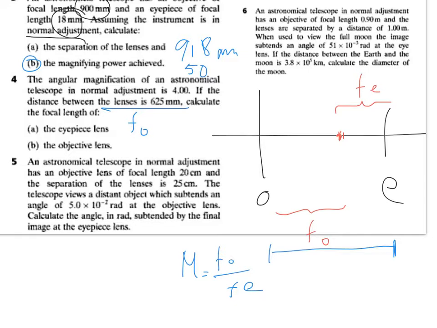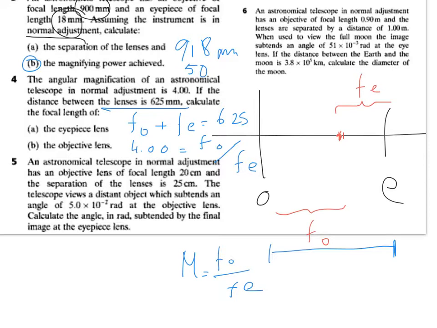So focal length of the objective plus focal length of the eyepiece is equal to 625. And then we also know that the magnification, which is 4, is equal to the ratio of the focal lengths. So f0 over fe.